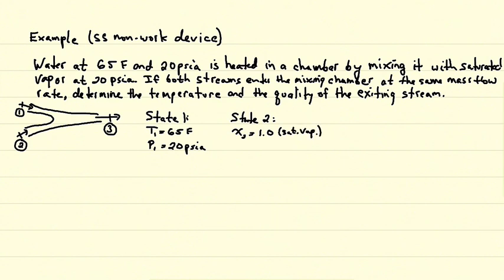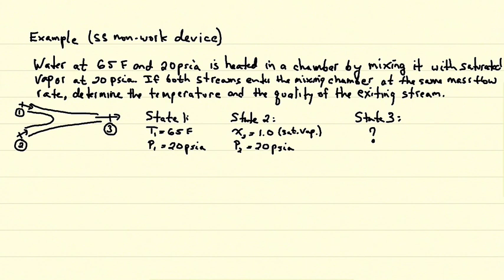We're also told that the pressure at state 2, P2, is equal to 20 psia. Now we also have state 3, but we don't have any information about state 3 from the problem statement. So state 3 right now is a big question mark. We just don't know anything about it just yet.